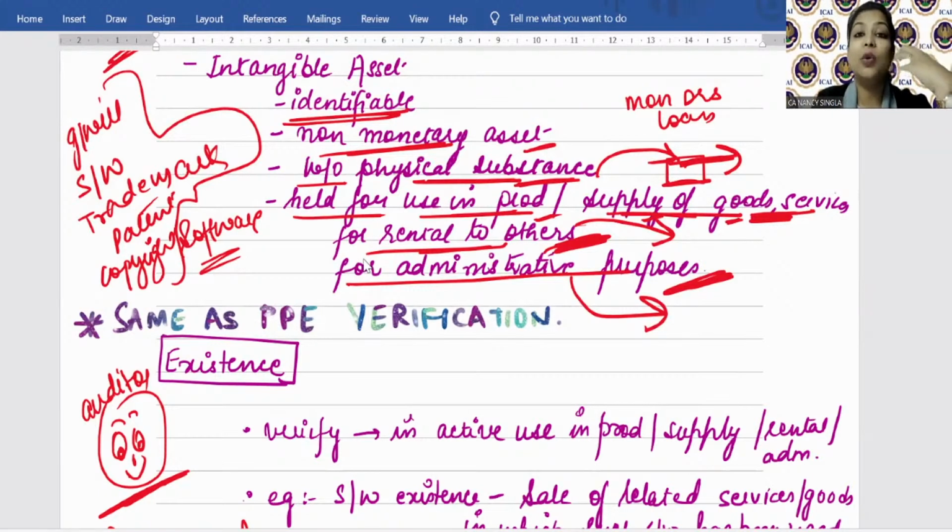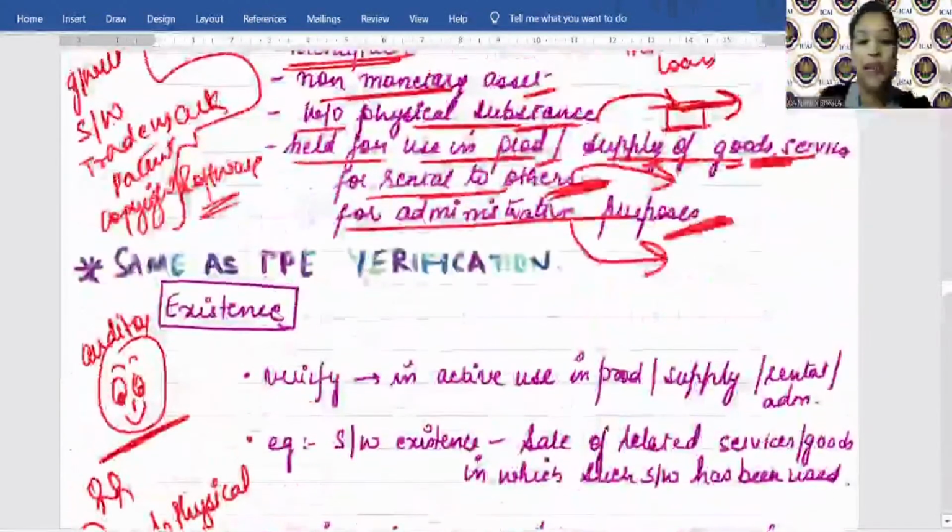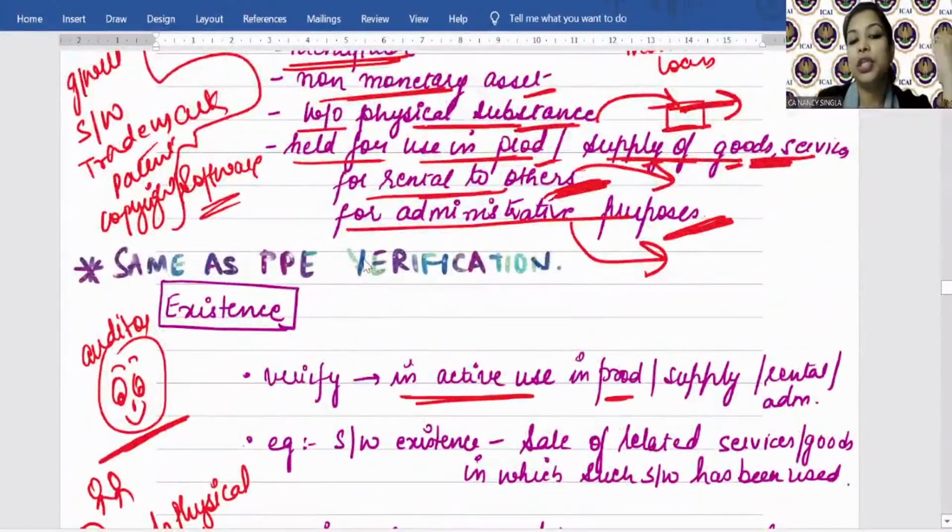So basically we are seeing whether this intangible asset is in active use or not, right? Now you cannot see with eyes, but you will perform what? The auditor will verify whether it is in active use in production, supply or rent, or production or supply of goods and services, or for rental to others, or for administrative purposes.